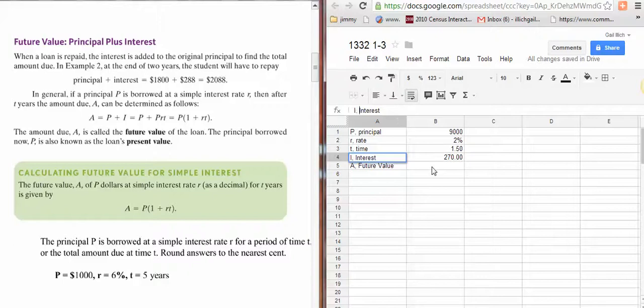Okay, so our formula for future value is we take the principal and multiply it times 1 plus R times T. So we can go right ahead and input this formula into our spreadsheet.